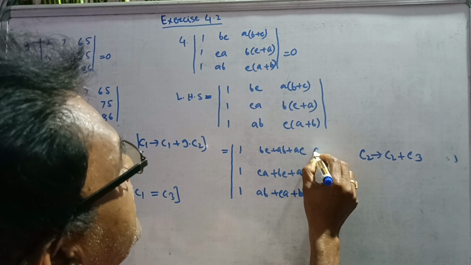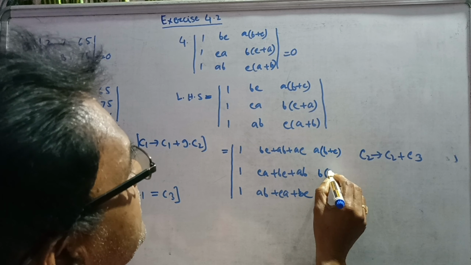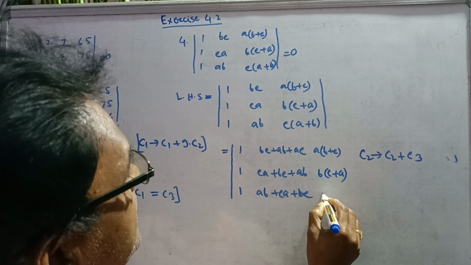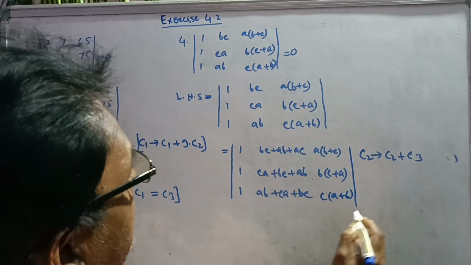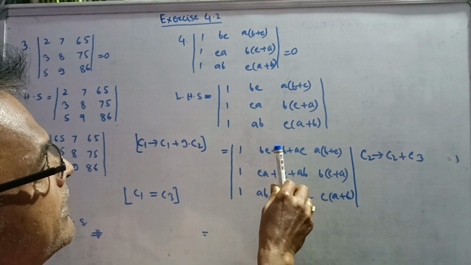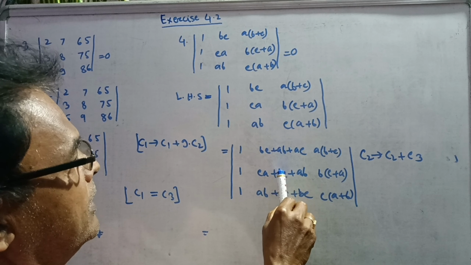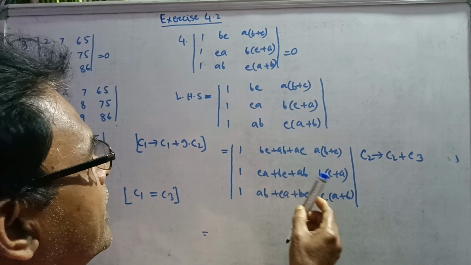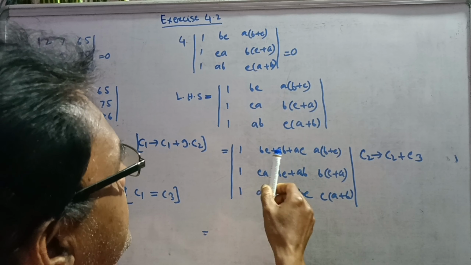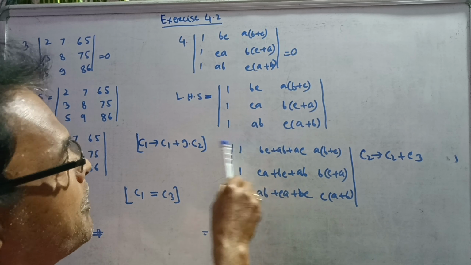Here also the same: A into B plus C, here B into C plus A, here C into A plus B. Now in the second column all three elements are the same, so we can take common, or we can say the first column and second column are proportional.